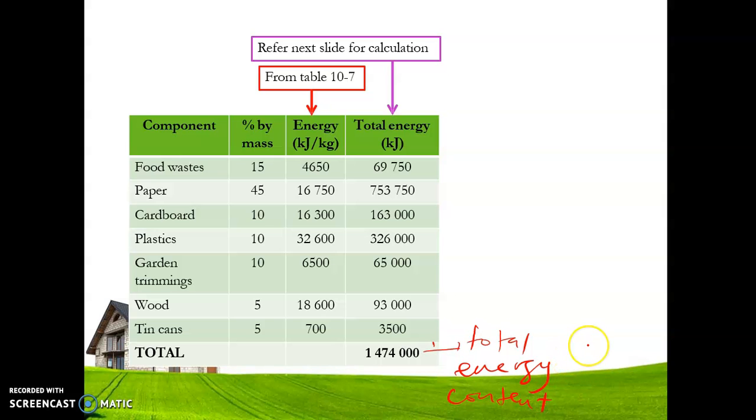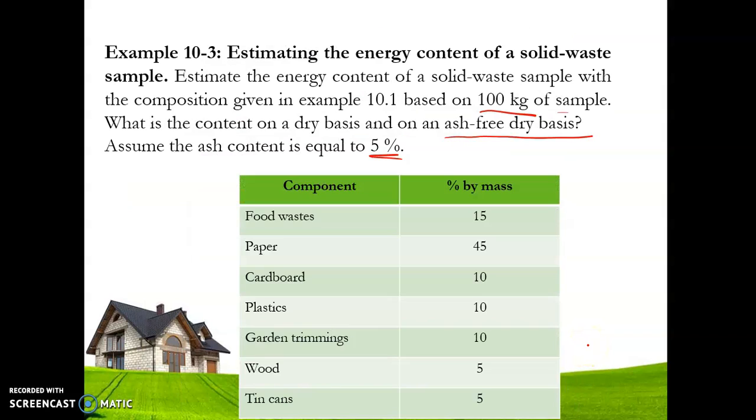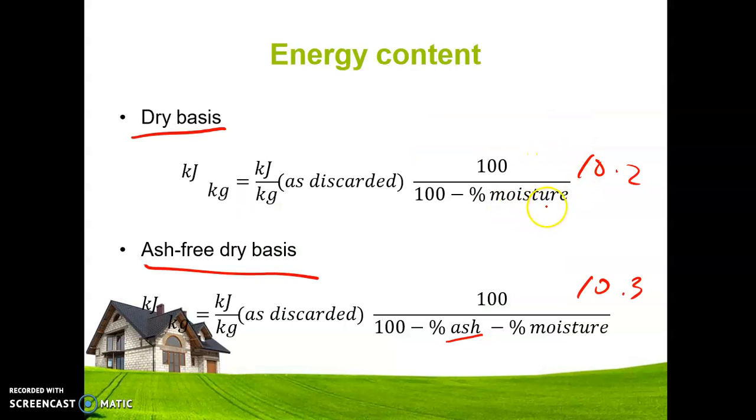And then the question just now wanted you to do first with dry basis, and also ash-free dry basis. So if you look into the equation, this is dry basis, you have to subtract the moisture percentage.